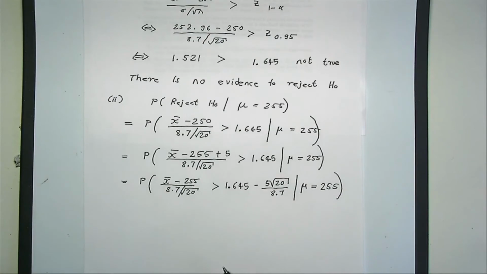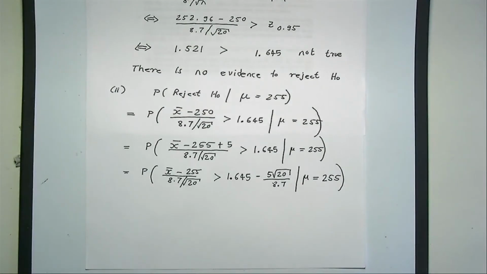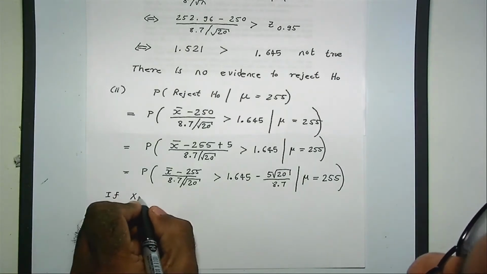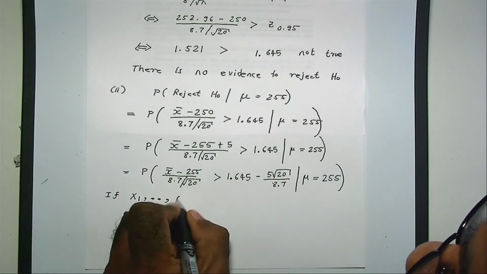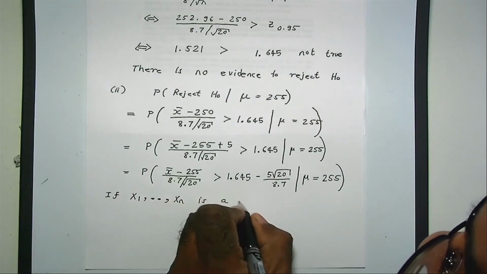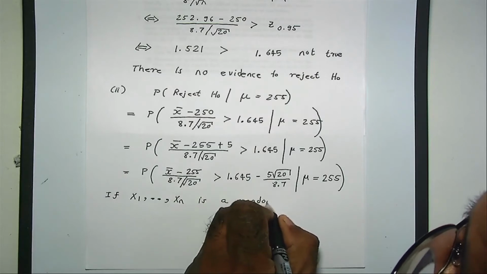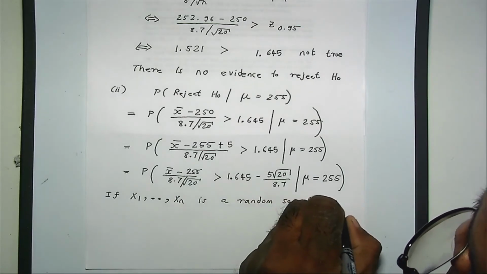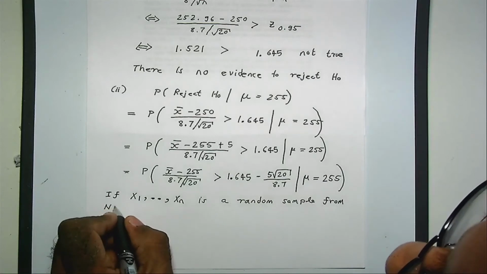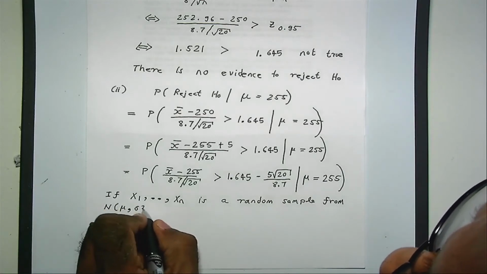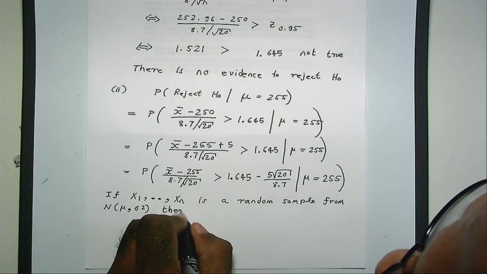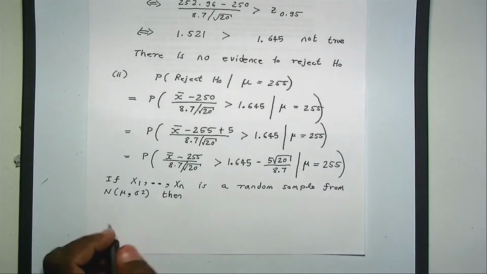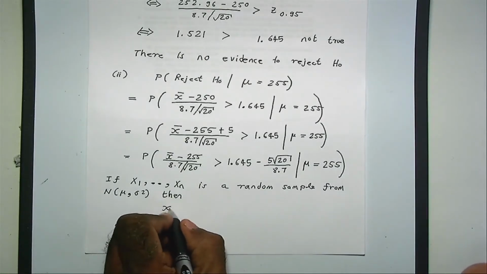And if you look at my video on the normal distribution, one of the properties I mentioned, I think I mentioned this before also, is that if you have a random sample from this distribution, then the following property is true.